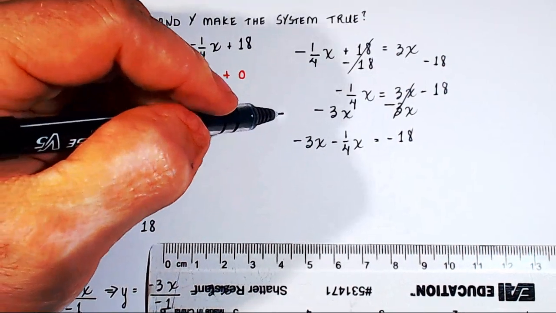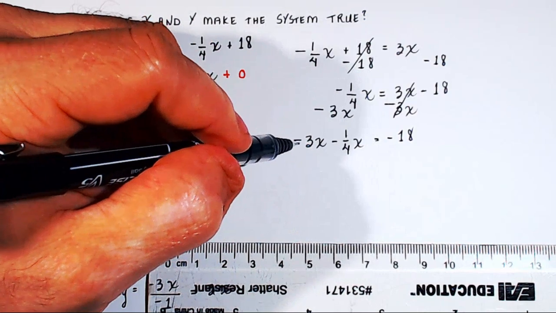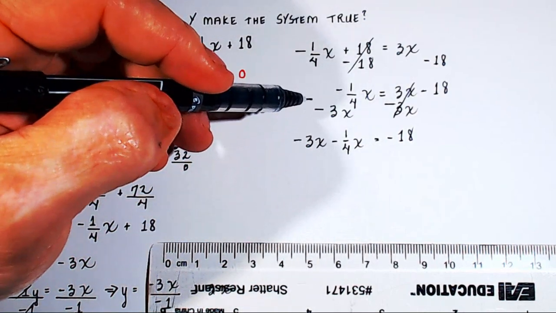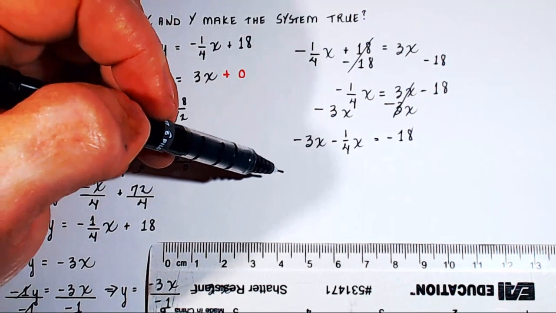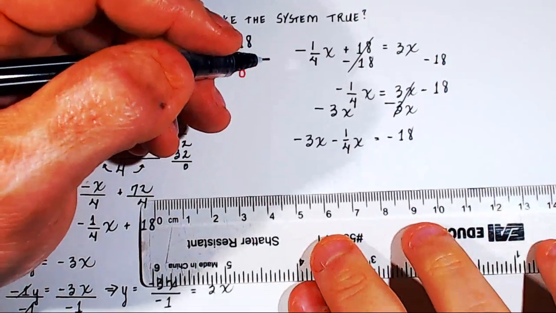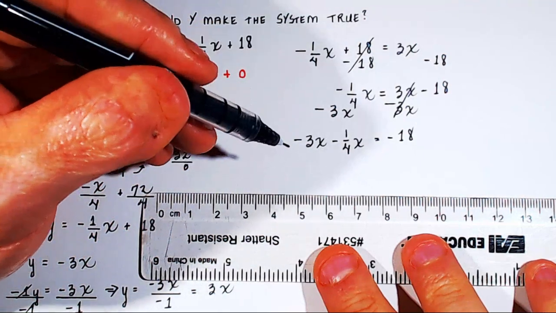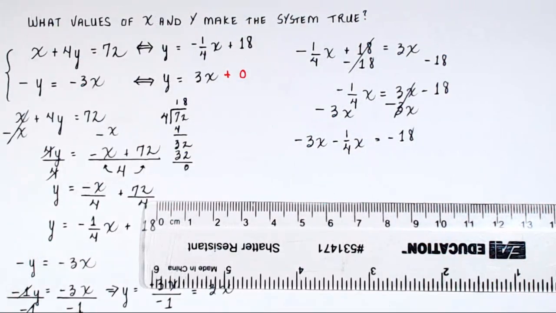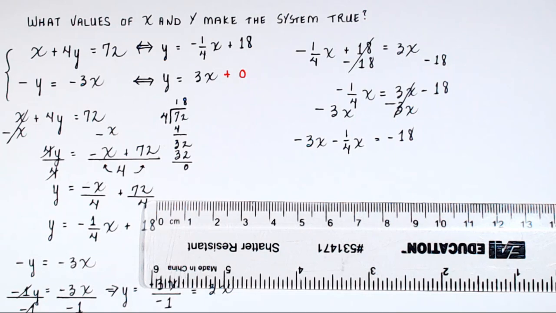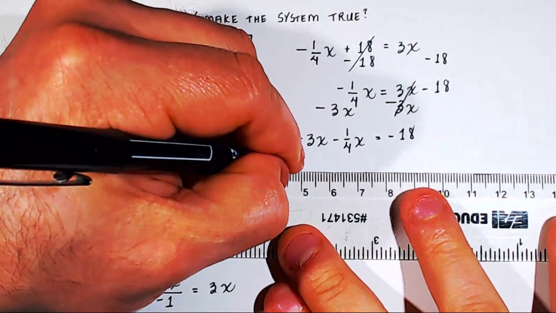Now when I say that, what I mean is we need a value of 4 in the denominator, and we need the numerator to be such that when I divide the numerator by the denominator I get negative 3. So here's what I need. I need a number which when divided by 4 gives me negative 3. What number gives me negative 3 when I divide it by 4? How about negative 12?